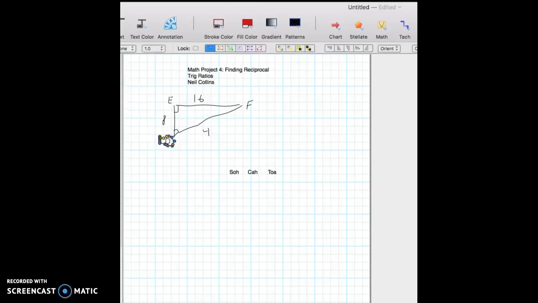Okay, let's get started. So, SOHCAHTOA. The S right here is going to stand for sine.